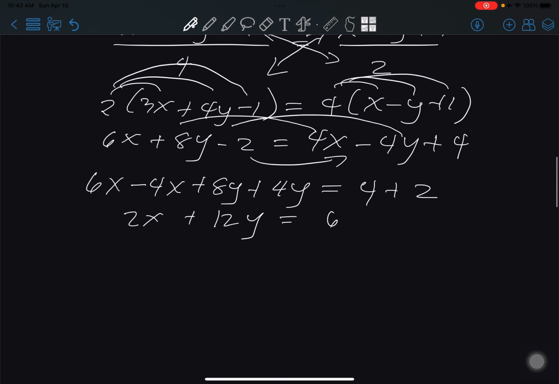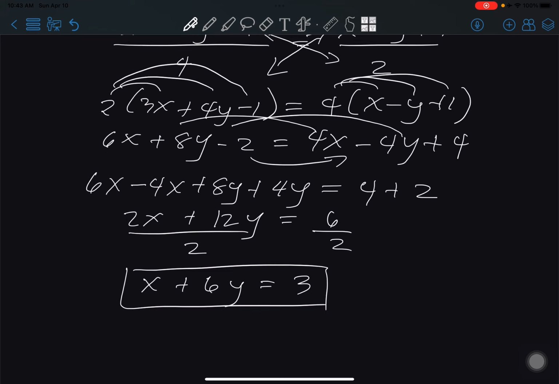As you can see here, we have a common factor among the terms, so we have to divide this by 2. Okay, so we have 2x divided by 2, we have x, plus 12y divided by 2, we have 6y, then 6 divided by 2, we have 3. This is now the standard form of our linear equation.